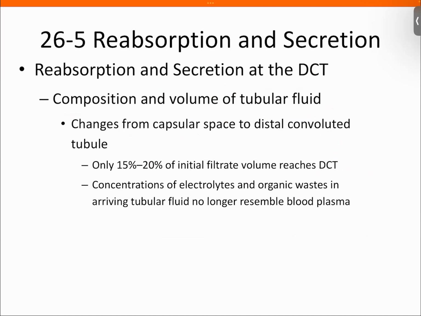So at this particular point, once we're ready to move into the DCT, your filtrate has changed a lot from the capsular space, where it was mostly plasma-like, to the distal convoluted tubule. About a quarter or so of your initial filtrate reaches the DCT.